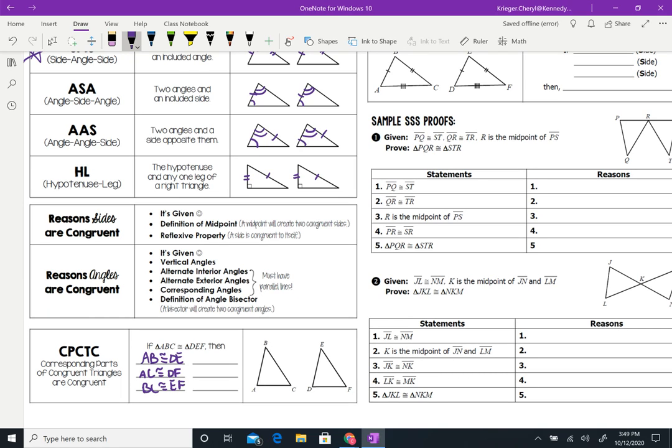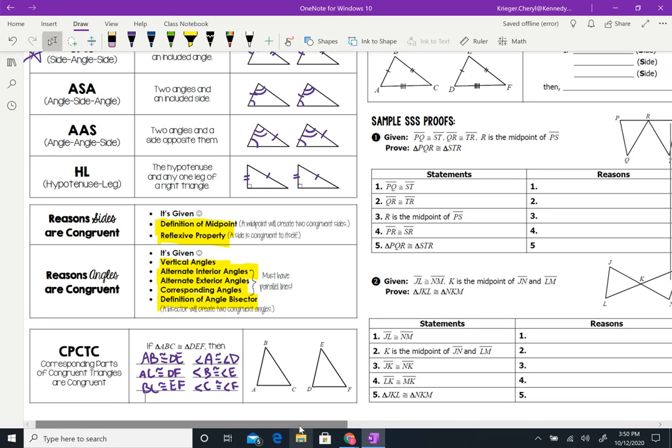And then our congruent angles, angle A is congruent to angle D. Angle B is congruent to angle E. And angle C is congruent to angle F. Okay, and then you might want to just highlight these because these are reasons that you'll use in your proofs to prove that sides and angles are congruent.